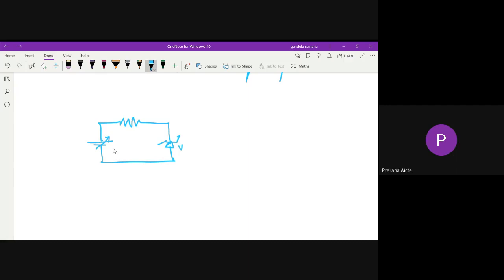So this is Vz. This one is the load resistance RL. Load means cell phones, lights. So when the voltage is constant, we use it as a voltage regulator. It will maintain constant voltage.